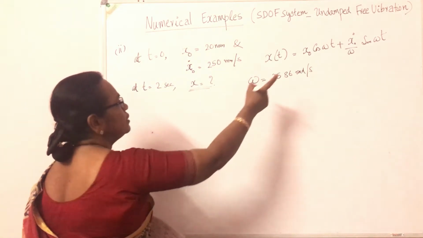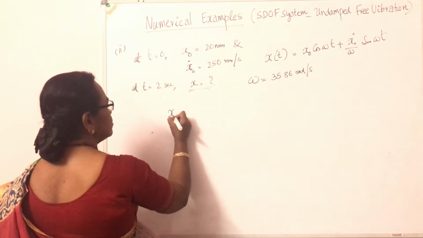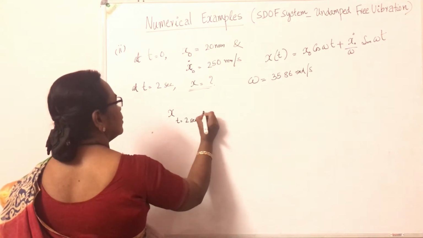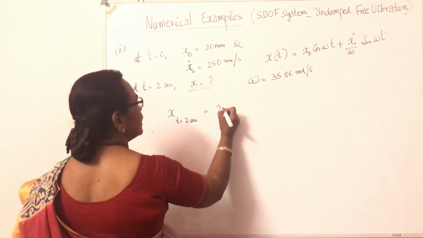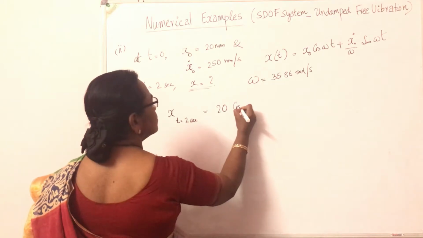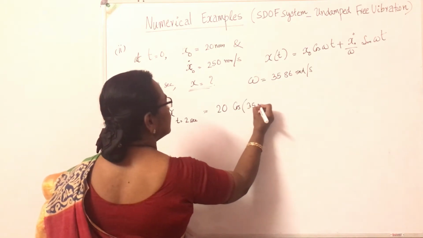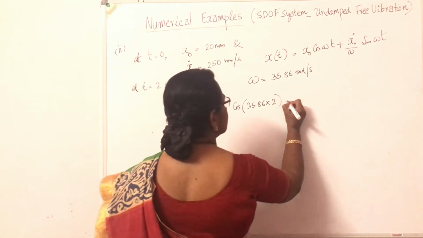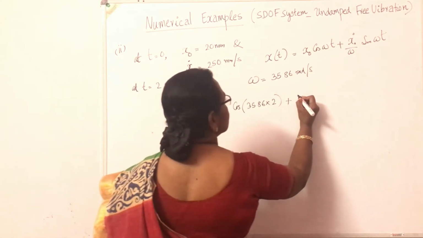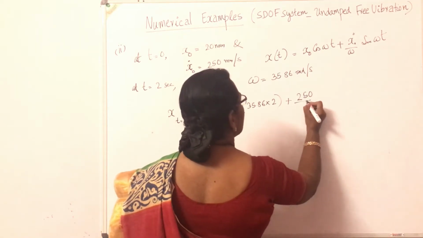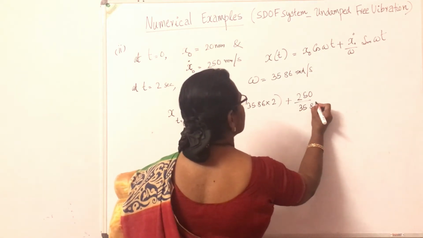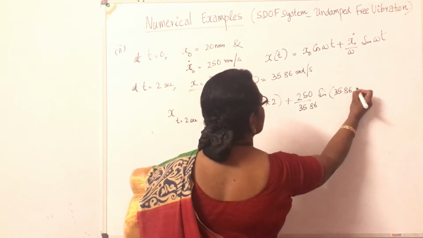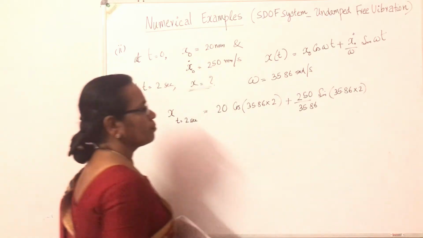Now substitute everything here. Substituting t is equal to 2, x is equal to x0, 20, cos of omega t, 35.86 into 2, plus x0 dash, 250 by omega, sin omega t.